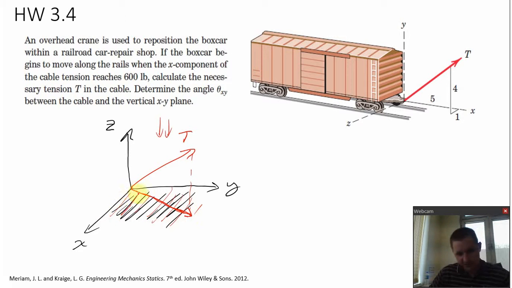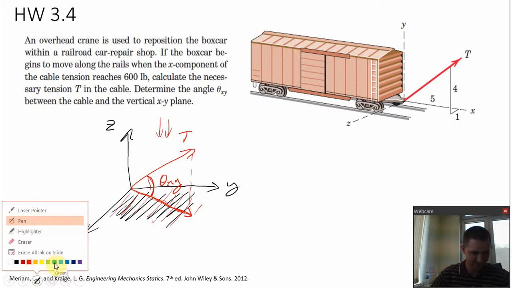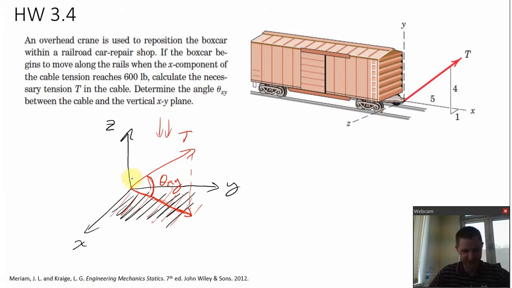Notice this is not parallel to the x-axis, and it's not along the y-axis either. So the angle that they're actually asking us for in the problem is this angle here. That would be the angle theta xy. Now hopefully when I drew that, maybe you got an idea of how to solve the problem. If not, we'll try to lead you to the solution here.